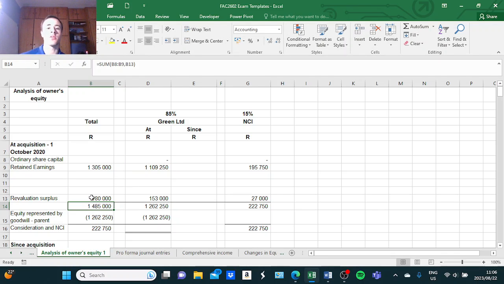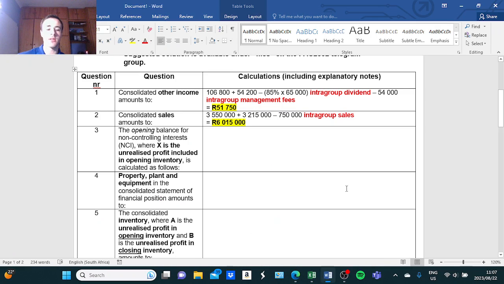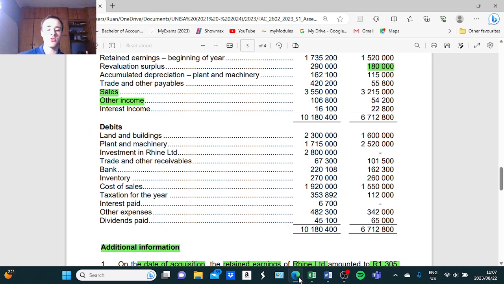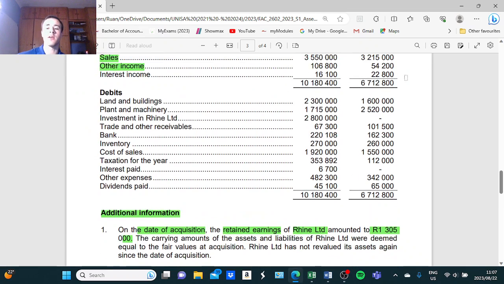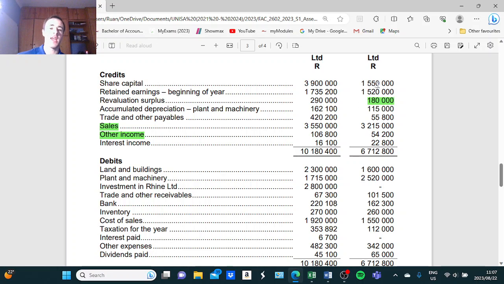The fact that the subsidiary did not revalue its assets after acquisition means there was no change in revaluation surplus for the subsidiary since acquisition. So we only have an at acquisition amount of 180,000. Again, this amount was provided as part of the extract of the trial balances for the two companies respectively.